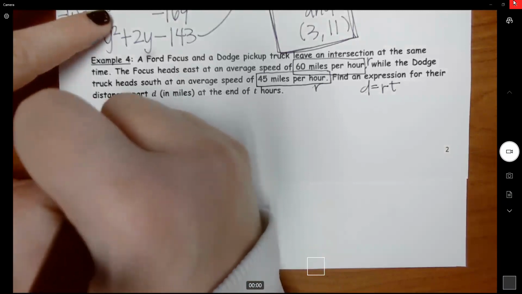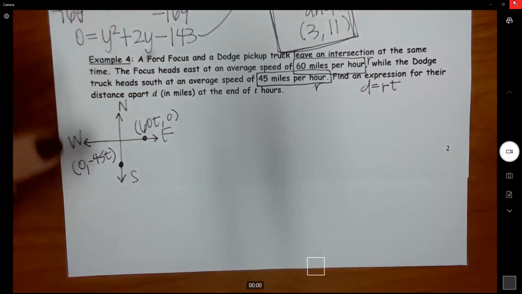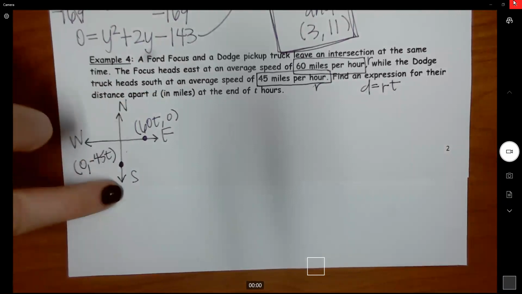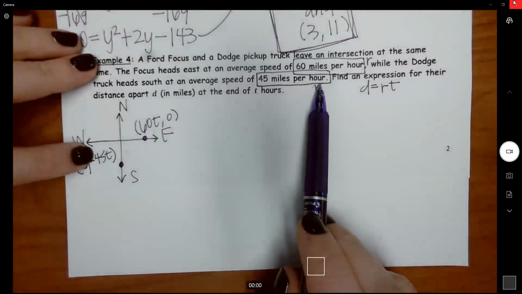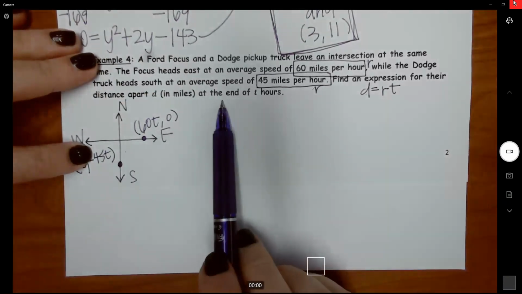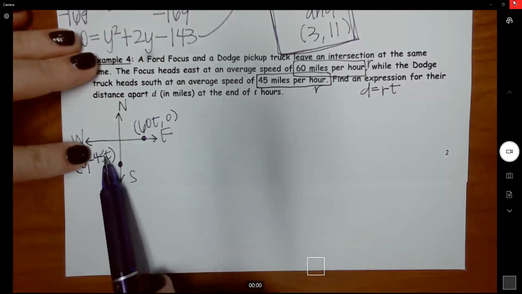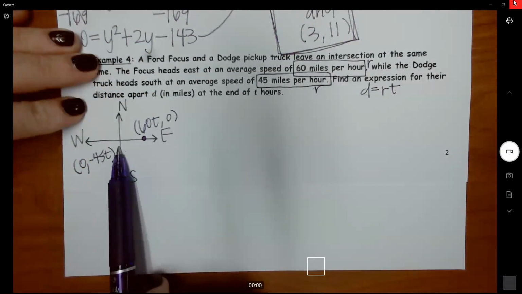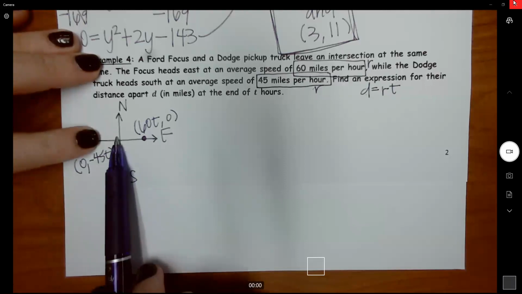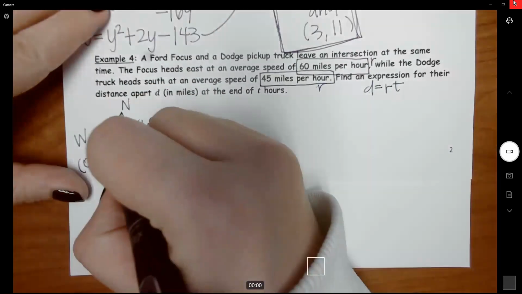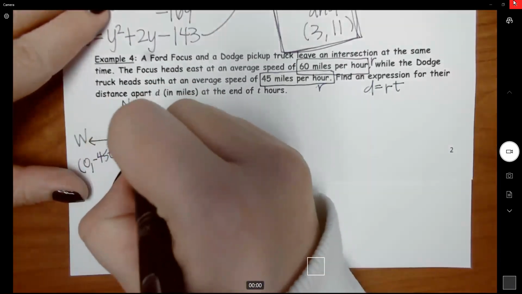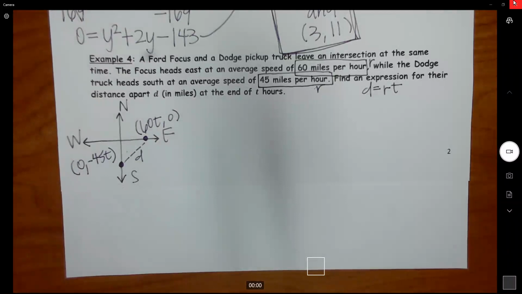And now we have negative 45t. Negative because it's going down. 45 for my miles per hour, and again, it's at the end of t hours. We don't know what the time is, so it's sliding depending on what that time is. What we are trying to find is an expression to represent the distance between them at whatever time has been spent.